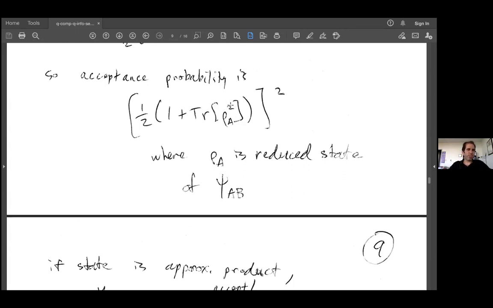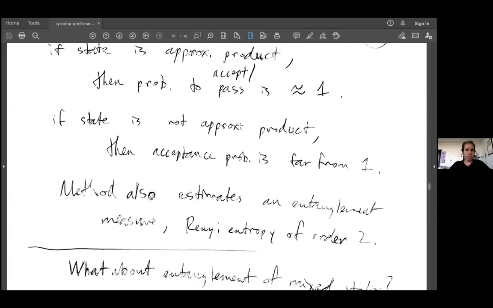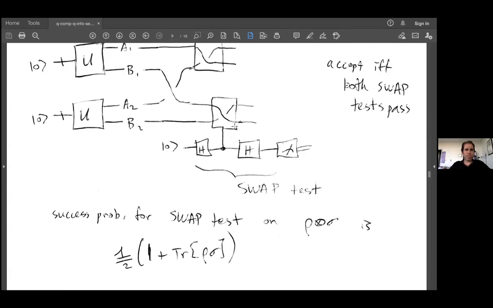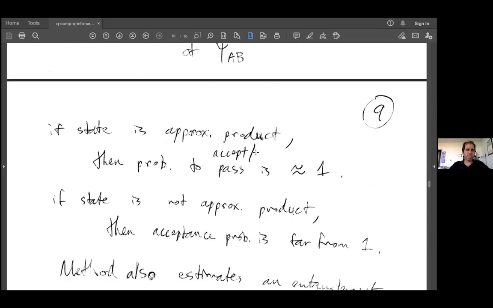That quantity is related to an entanglement measure for pure states called the Renyi entropy of order 2. So you can estimate that, okay? And then there are other things you can do. And Steph Folds is on the call, she has a recent paper where she was doing all this kind of stuff. And in a forthcoming paper, we're going to have other kinds of tests, symmetry tests that can be conducted to estimate different entanglement measures. Okay.